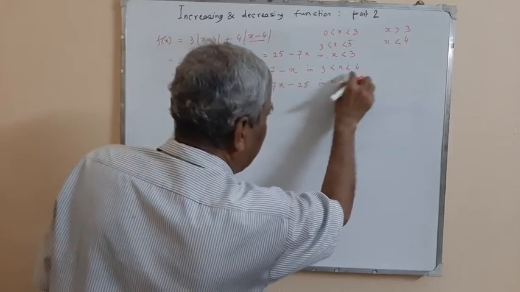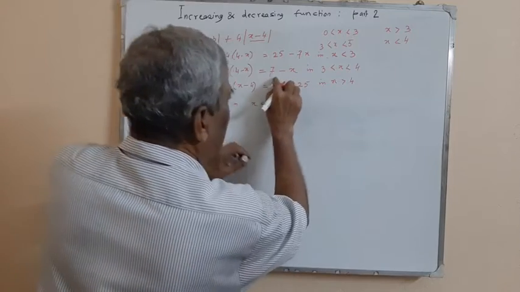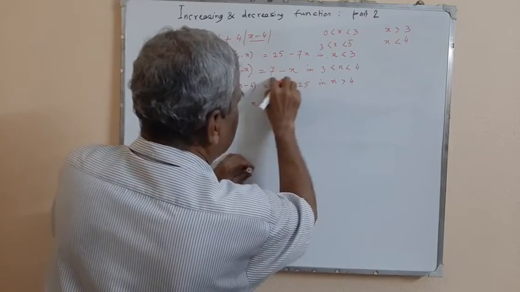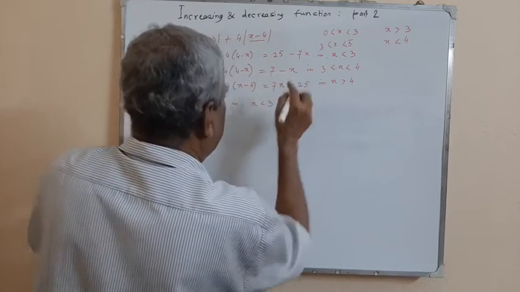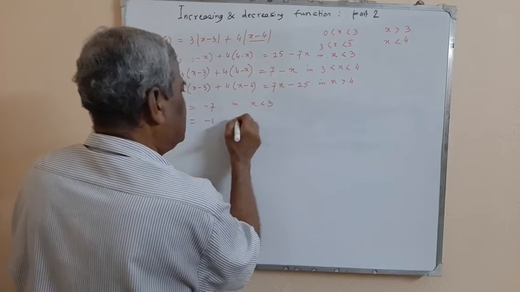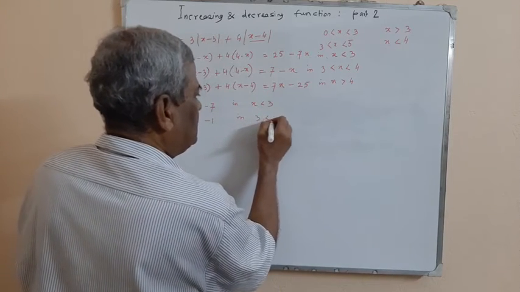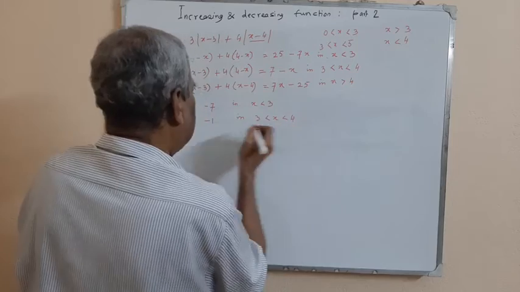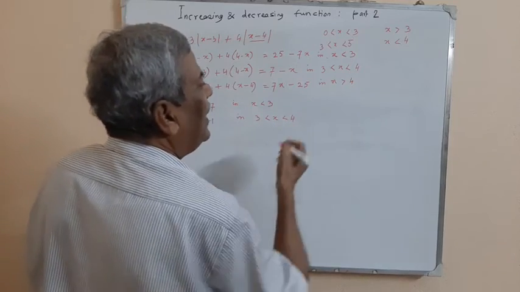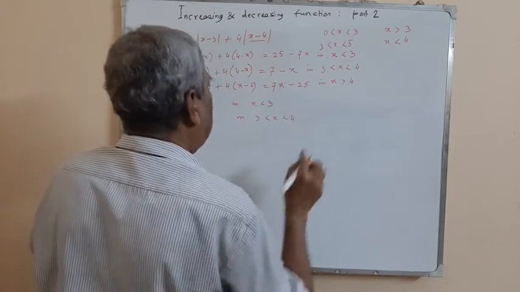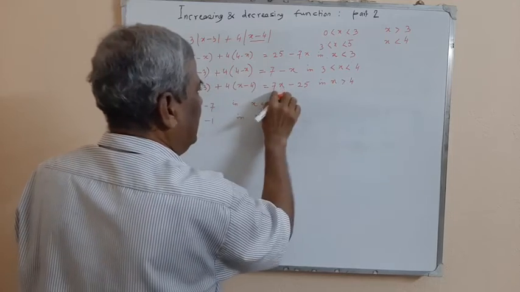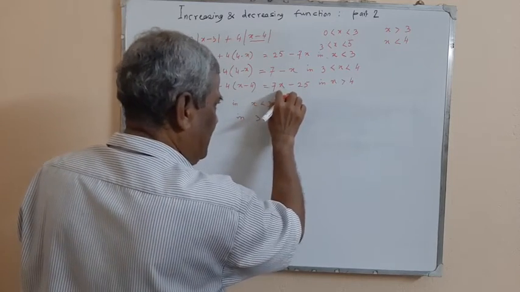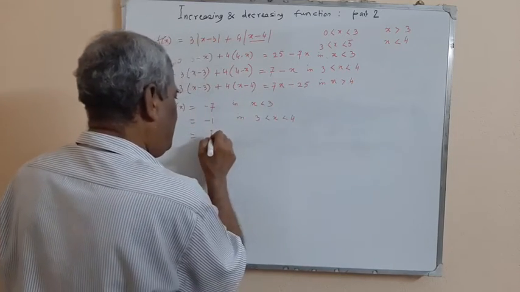Let us see in that range between 3 and 4, the derivative is 0 minus 1. And for the other one, x greater than 4, in that range, the derivative is 7 minus 0.